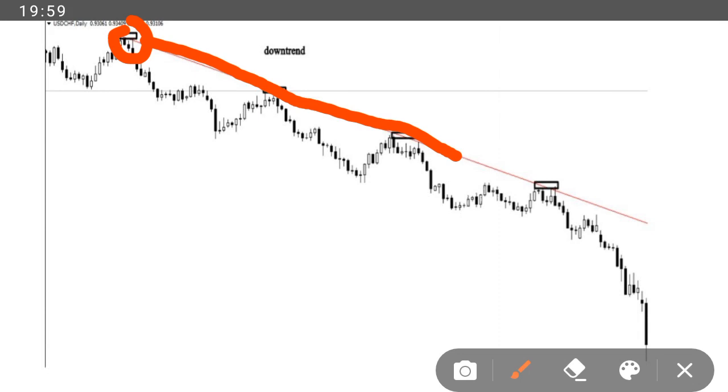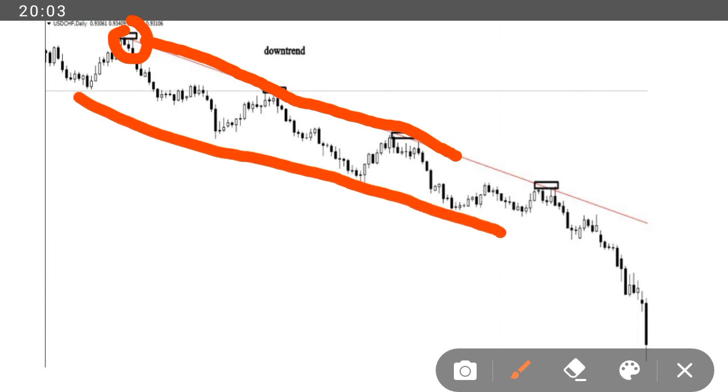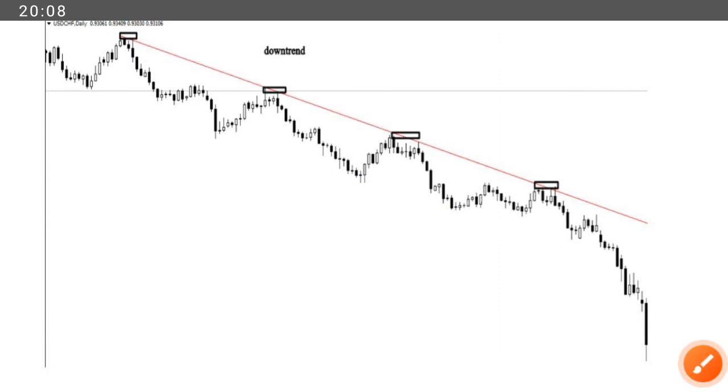You can do the same down too. But we are focusing on the one up now. That's the higher one. As you can see, price is respecting the line. So the line is serving as a resistance. So trend line can serve as a resistance where price will reverse.